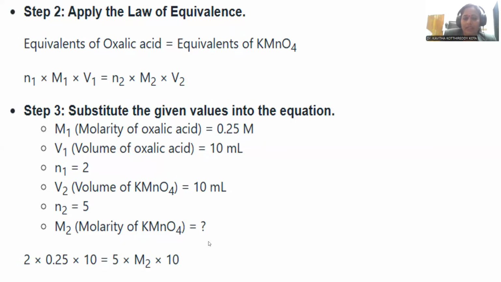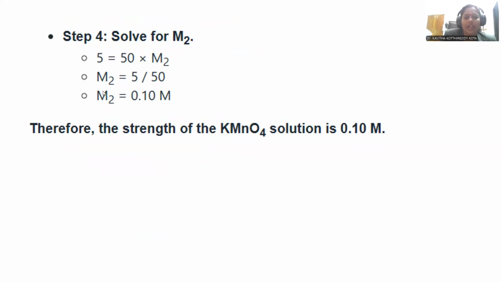If N1, M1, V1, N2, and V2 are known, we need to apply the formula for M2. M2 is equal to M1 V1 N1 by N2 into V2.